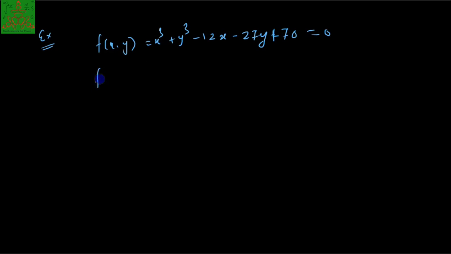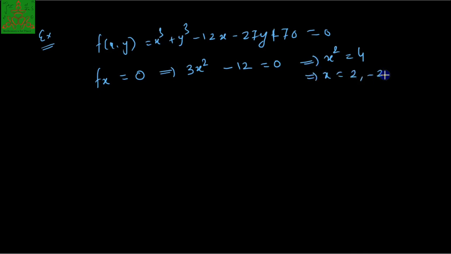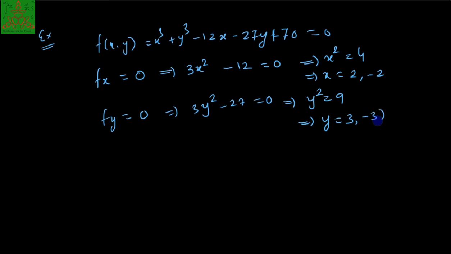Now fx equal to 0 gives you 3x squared minus 12 equal to 0, so x squared equals 4, and x will be 2 and minus 2. Fy equal to 0 gives 3y squared minus 27 equal to 0, so y squared is 9, and y is 3, minus 3.